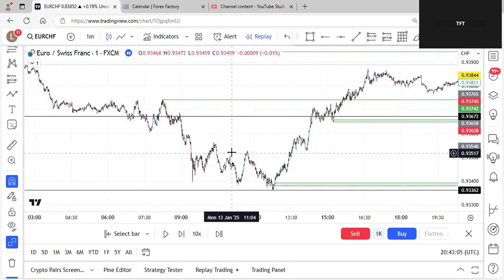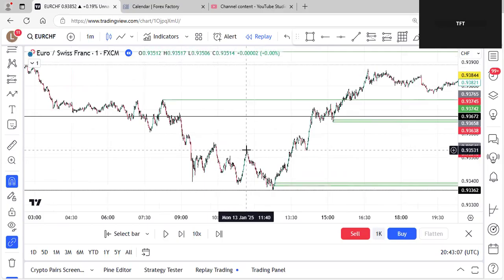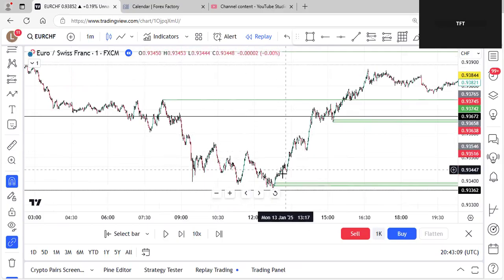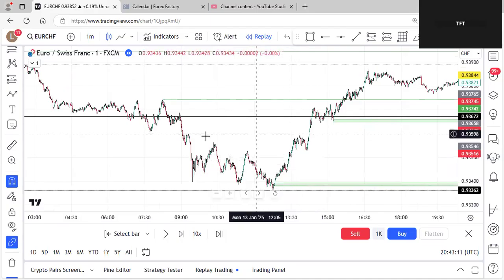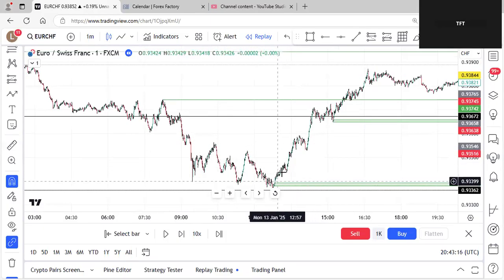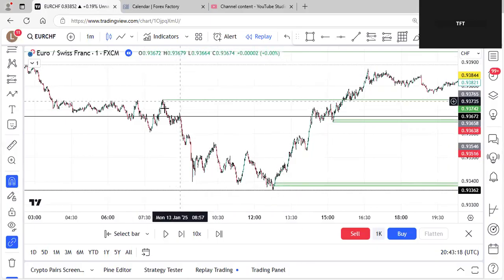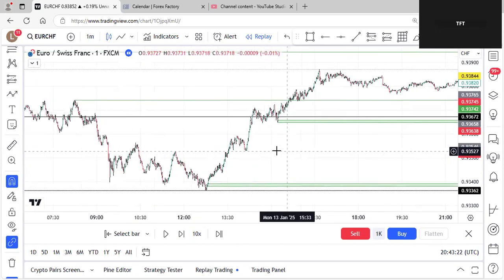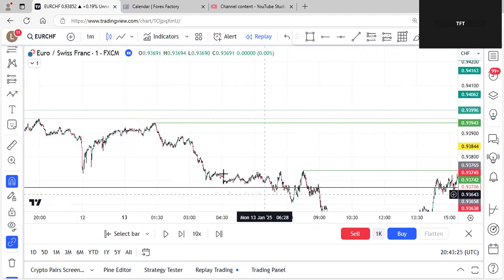I don't actually know why, because I would have normally counted that. But once it broke above these, as it does here, I might not really have seen anything I liked, and then just moved my change of character to the higher side. But yeah, there was that one and this one here.